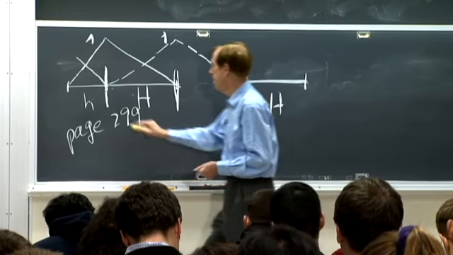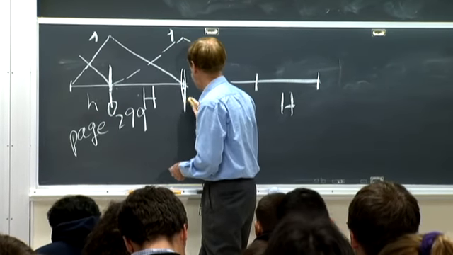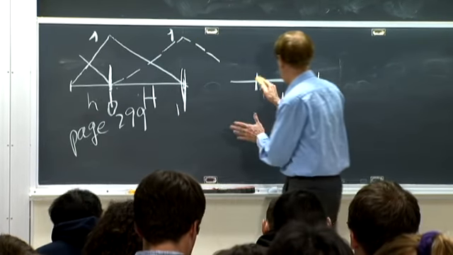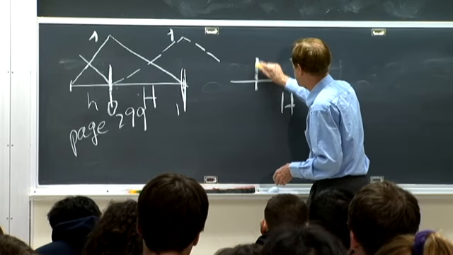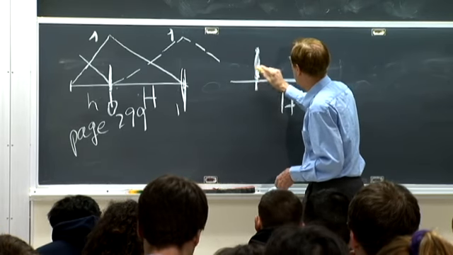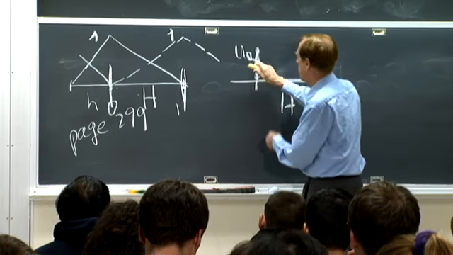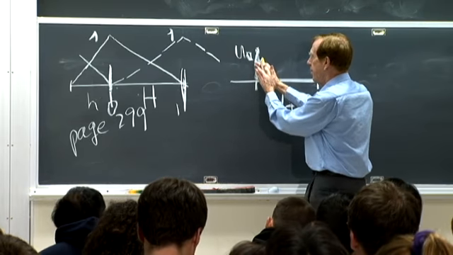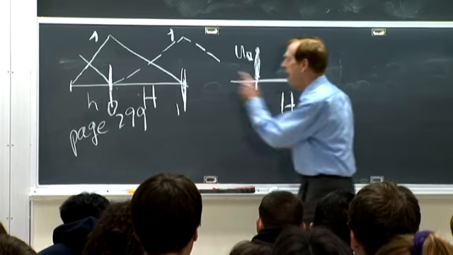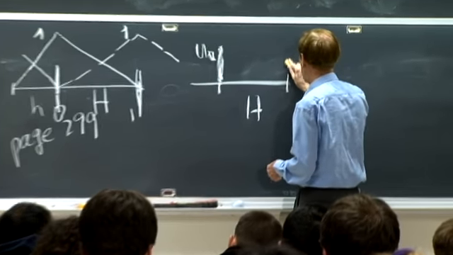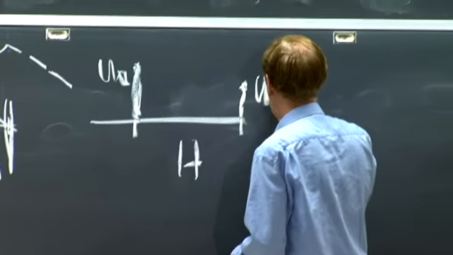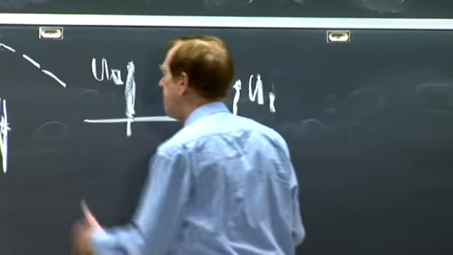Let me number this node number 0 and this node number 1, so we have some height u0 here. So this is coming from u0 times that hat, and some other height u1 here, which is coming from u1 times that hat.